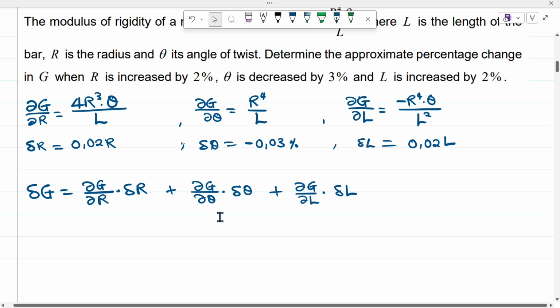So that's how the formula goes. So don't be confused.